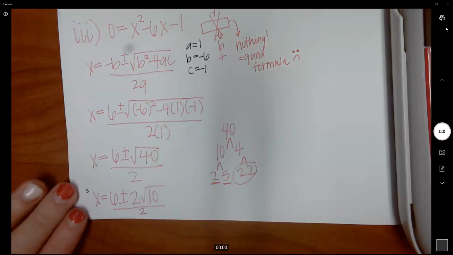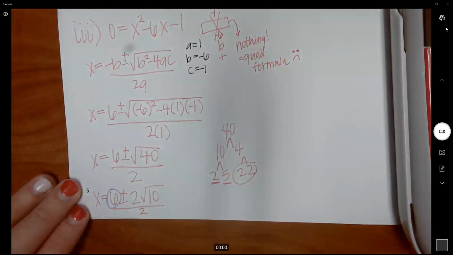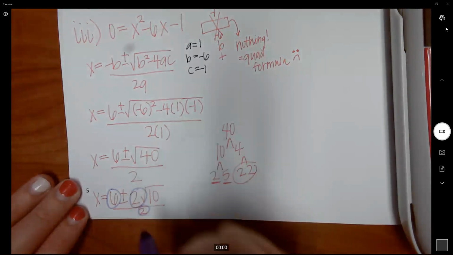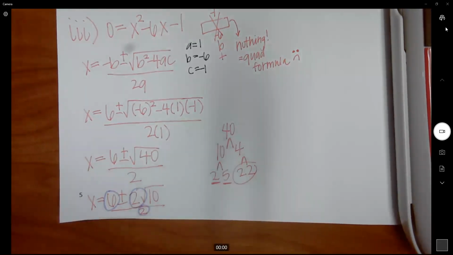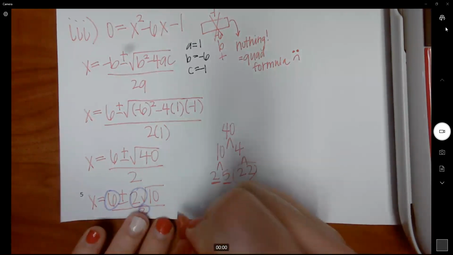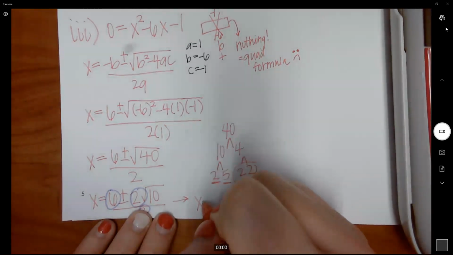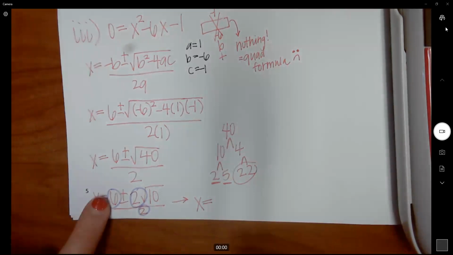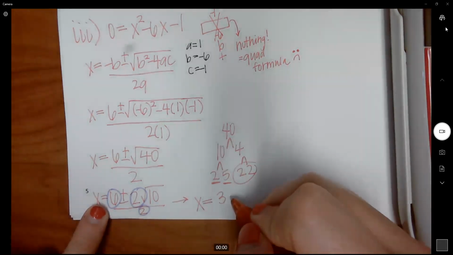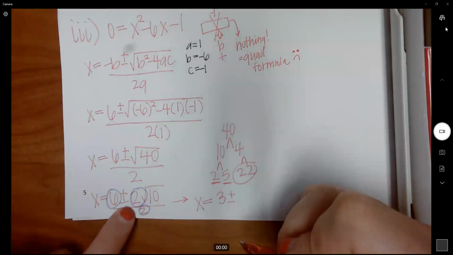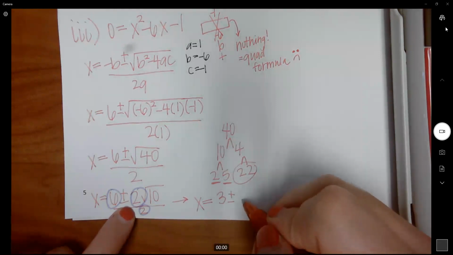Of course, we're not done. So you need to look before the plus or minus, before the radical, and at the bottom. Are all of those divisible by the same thing? Yes, they are. 6 divided by 2 is 3. Plus or minus 2 divided by 2 is 1. So you can do 1 square root 10 or just square root 10.